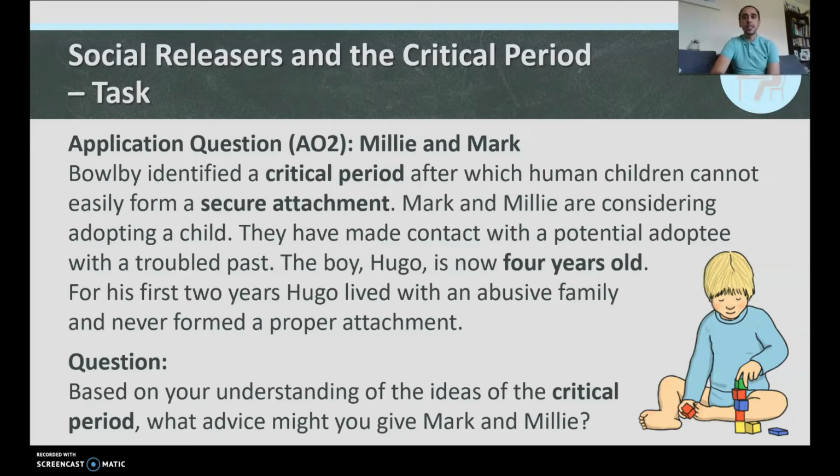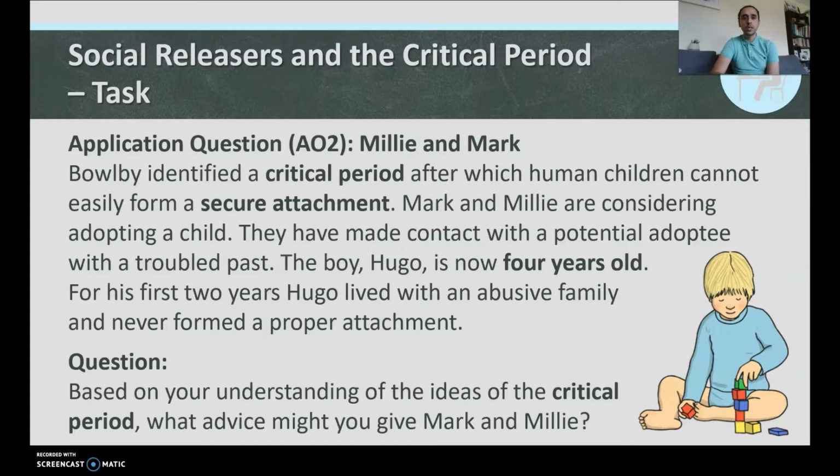They have made contact with a potential adoptee with a troubled past. The boy, Hugo, is now 4 years old. For his first 2 years, Hugo lived in an abusive family and never formed a proper attachment. Based on your understanding of the ideas of the critical period, what advice might you give to Mark and Millie?